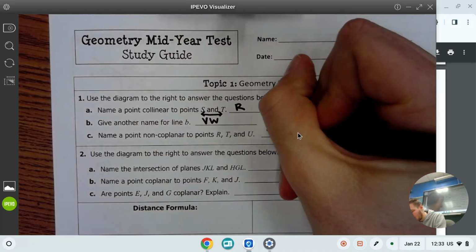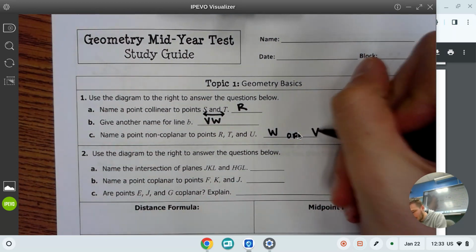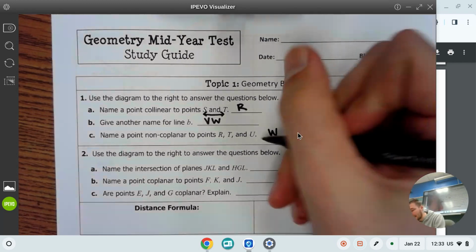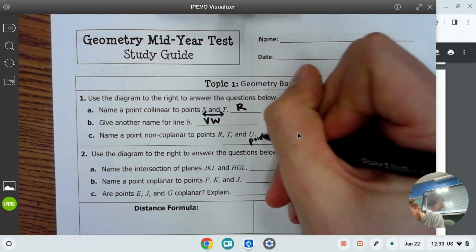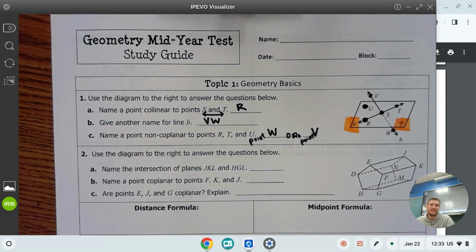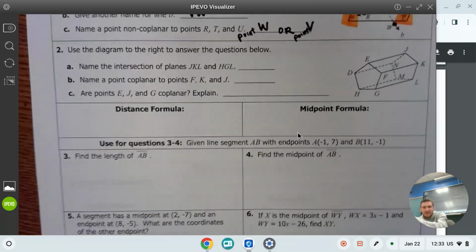Yep, W works. Or, there's one more, V works. Now, those are points, and you might see it listed where they actually write the word point W or point V, but you should mostly be good with just a W or just a V. Keeping it going. It's a long review. Let's not waste too much time.